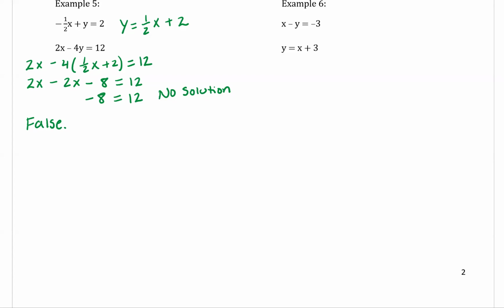So when are we going to get a no solution for our answer? Well, what happens is when the variable is eliminated, and the result is false.